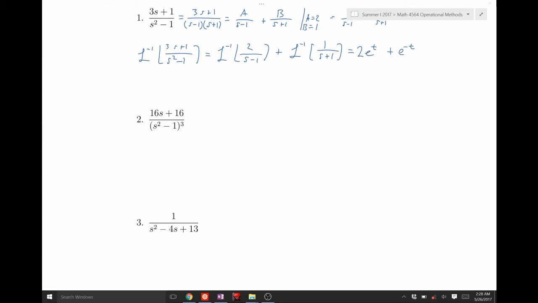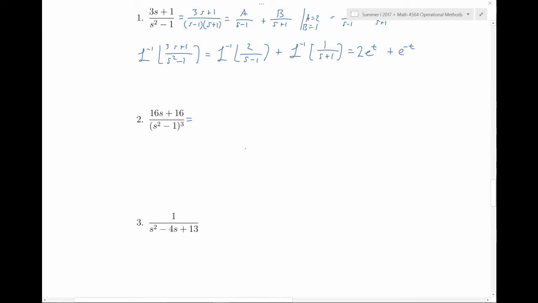The next example looks quite complicated. We have power 6 in the denominator and we're going to have 6 unknown constants in this partial fraction decomposition.